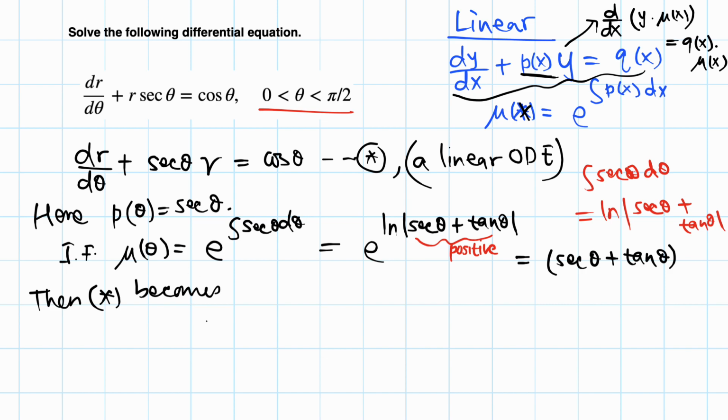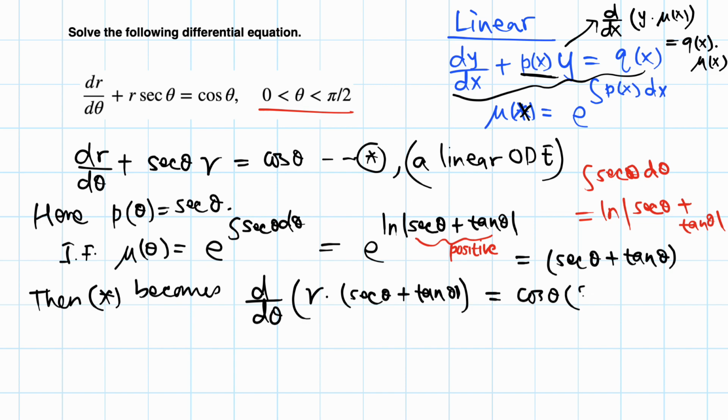After we find the integrating factor, this equation star becomes, we are skipping steps because we have done several problems. The left hand side will be the derivative of the dependent variable, which is r, times the integrating factor, secant theta plus tangent theta, is equal to, we are multiplying both sides by the integrating factor, and the left hand side will automatically be this. The right hand side is cosine theta already there, and we multiply by the integrating factor secant theta plus tangent theta.